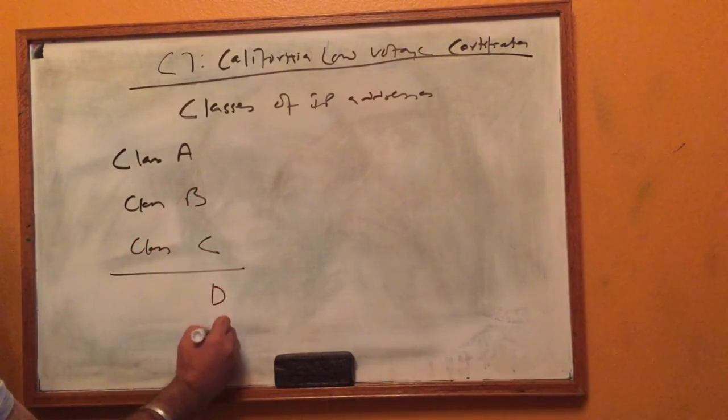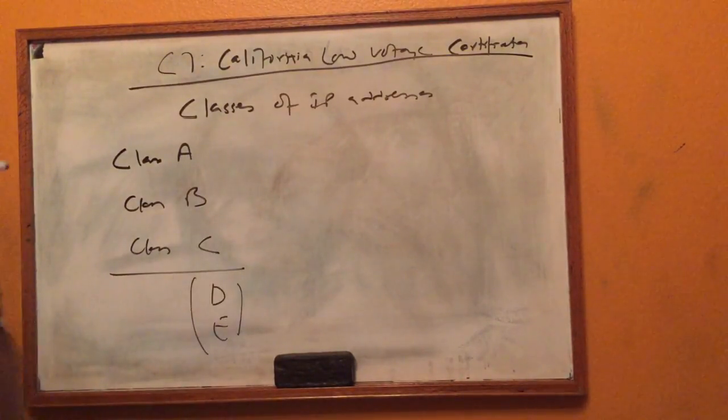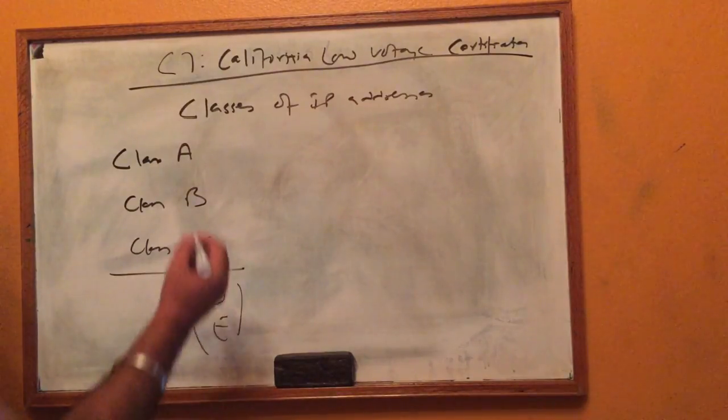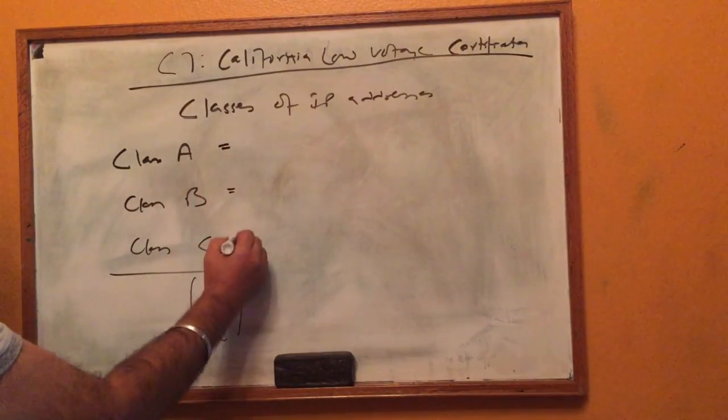Then there are class D and E addresses as well, which we are not going to talk about because it is not so much related to what you will be seeing in the field every day.